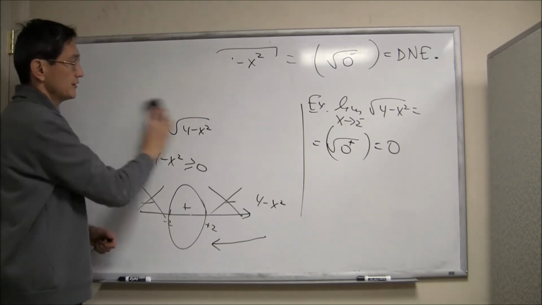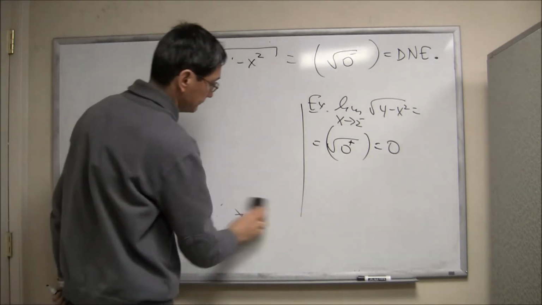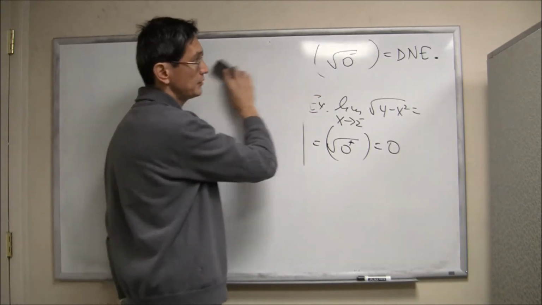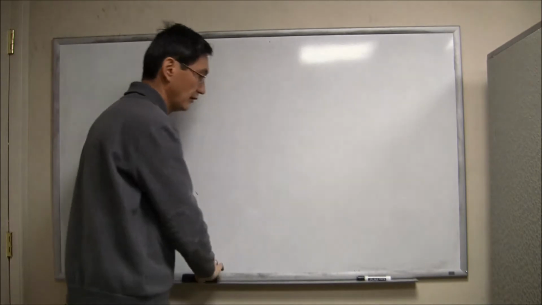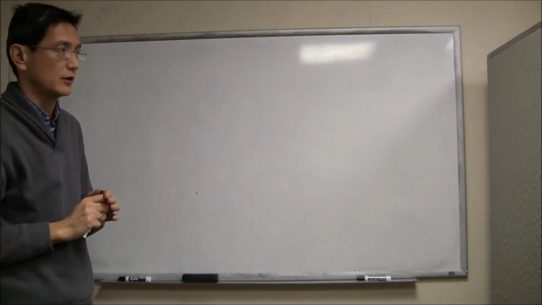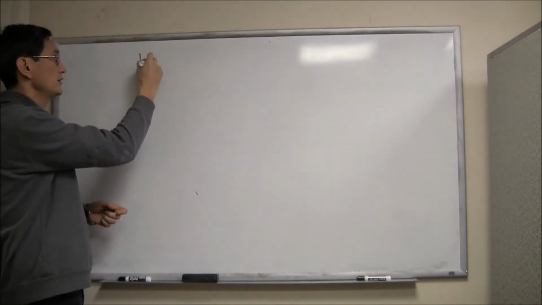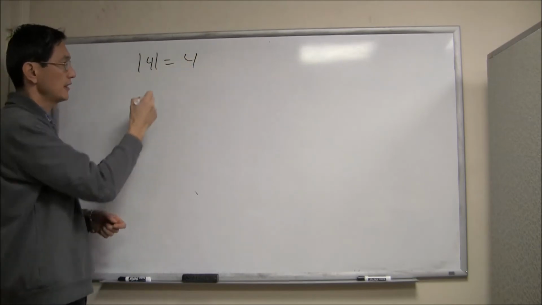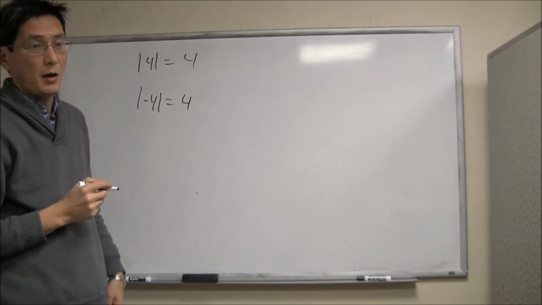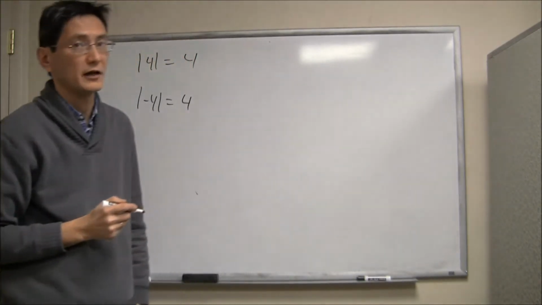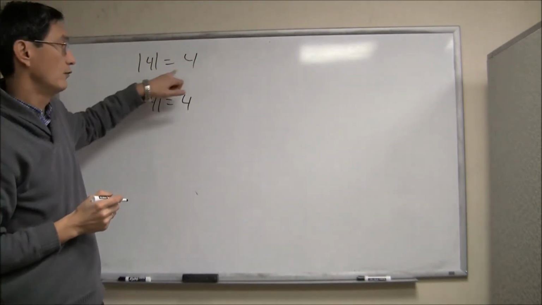Now let me run a few examples with absolute value. First I need to write down the notation I'm going to use for absolute value. If you remember, the absolute value of a positive number is the number itself, and the absolute value of a negative number is the magnitude of the number. Absolute value of negative 4 is 4, absolute value of 4 is 4.